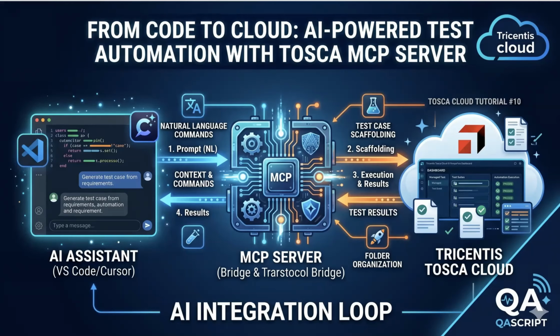Now, before we move on to the actual setup, what exactly is this MCP if you have not heard about it? So MCP stands for Model Context Protocol. Now think of it as a universal translator that bridges the gap between your local development environment and the Tosca Cloud. By setting up this connection, you are allowing your AI assistant to access Tosca Cloud functionality directly instead of hopping back and forth between your browser and your code.